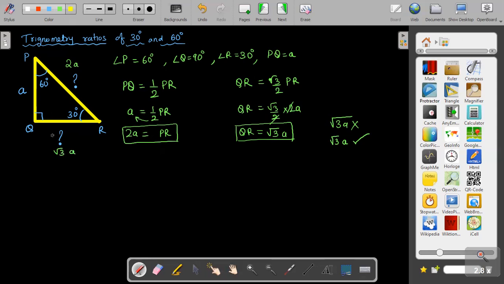Now what you have to do, you have to tell me the formula for sin 30 degree, opposite upon hypotenuse, वो use करके मुझे values बताने हैं. Instead of telling me PR divided by PQ and all, you just directly substitute the values and tell me the answer. Sin, cos 30 and tan 30 degree.